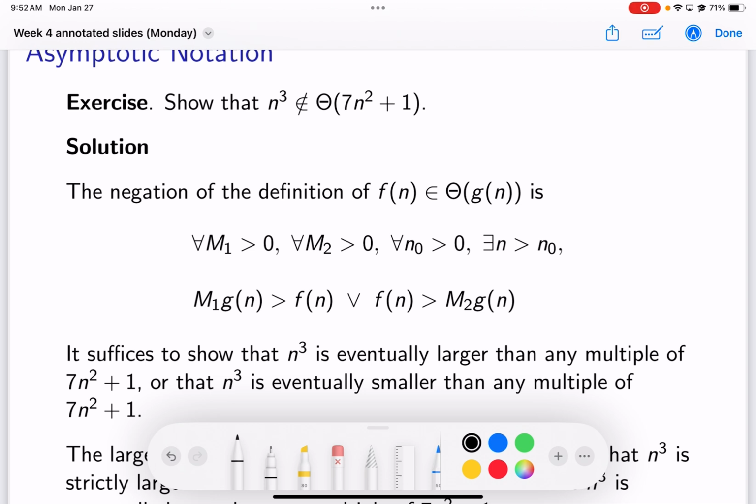In this case, n to the power of 3 is going to be greater than, in big omega and small omega, but that doesn't matter yet. It's going to be bigger than 7n squared plus 1. That is, it will be possible to find a good lower bound for it, a constant multiple of g of n, but it won't be possible to find an upper bound for it.